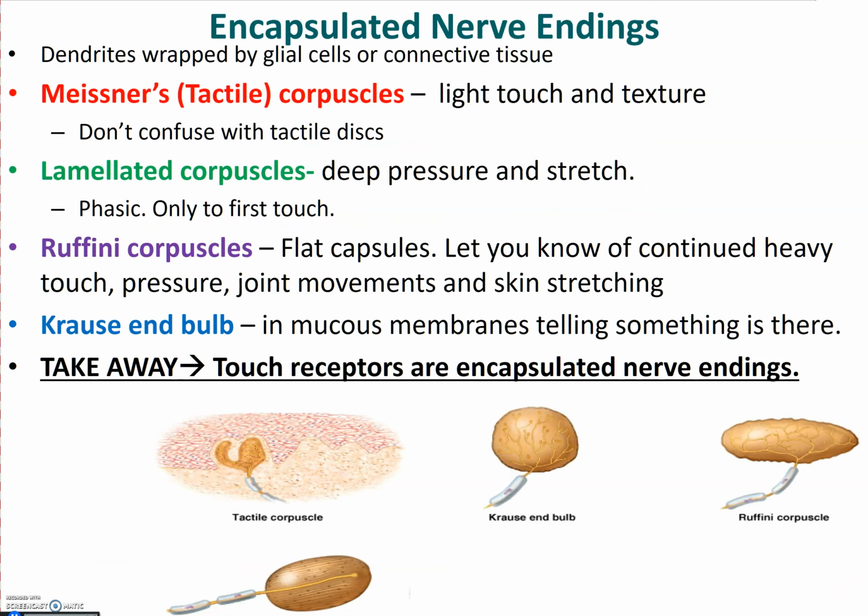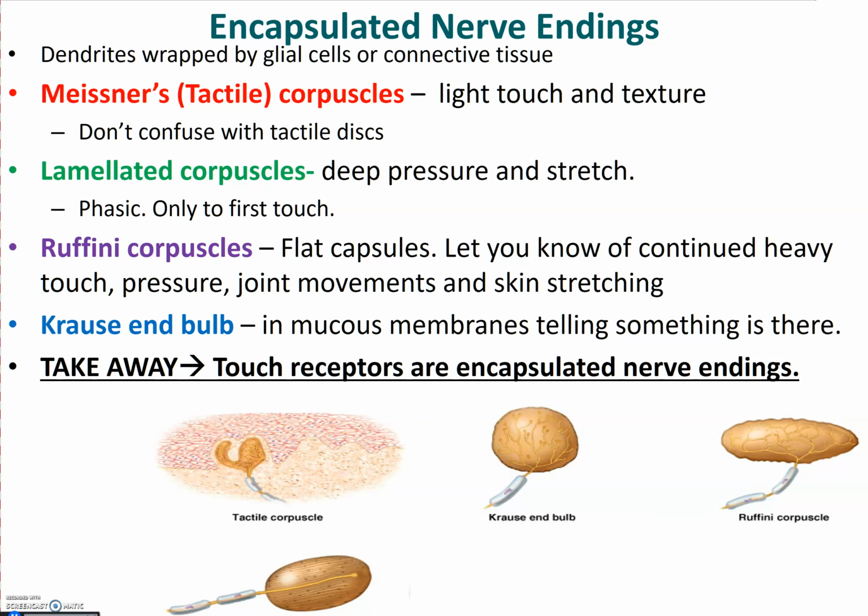Encapsulated corpuscles are covered by glial cells. The lamellated corpuscle is actually a Schwann cell surrounding a dendrite. Now, the Meissner's corpuscles are light touch and texture, lamellated deep touch, and we've talked about them. These actually adapt quickly, so if you put a bunch of pennies on your finger or your arm, you'd stop noticing them after a while. These don't really adapt that well.